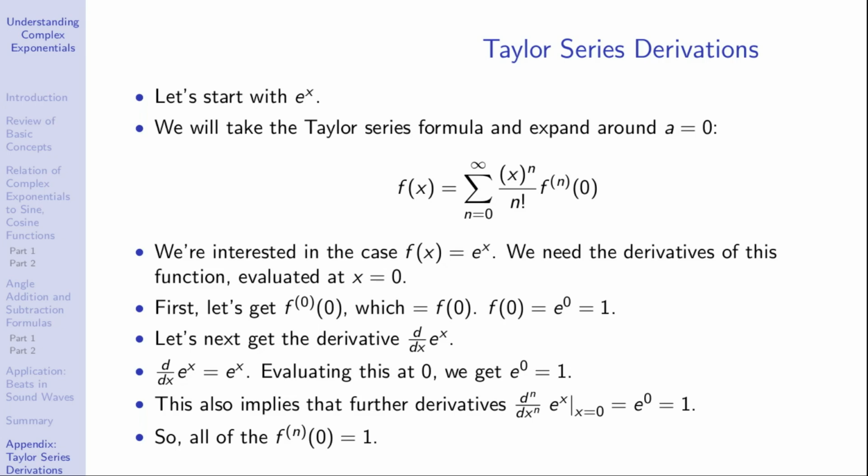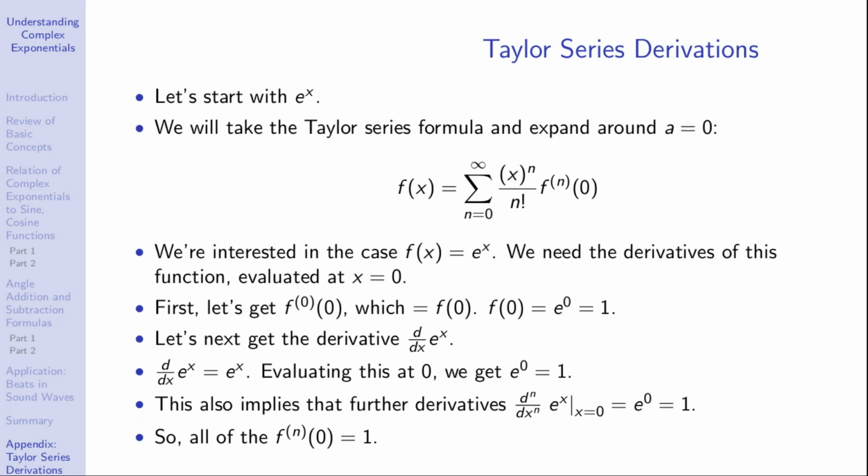So first, let's get the 0th derivative of f evaluated at 0. Well, the 0th derivative of f is just the function f, so this is just f of 0. f of 0 is equal to e to the 0th power, which is just 1. Okay, next let's get the derivative d dx of e to the x. Well, d dx of e to the x is e to the x.